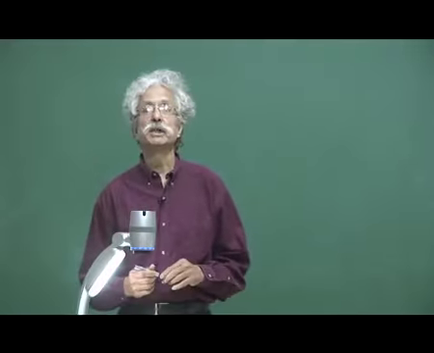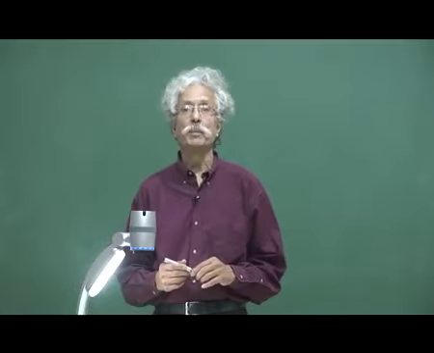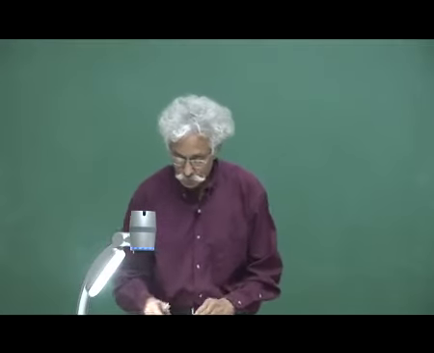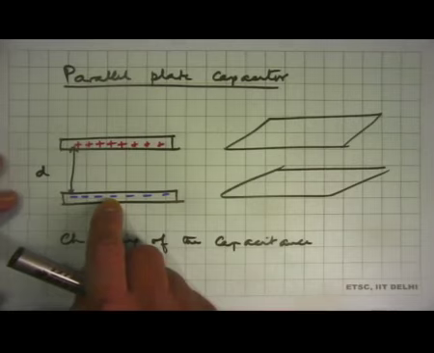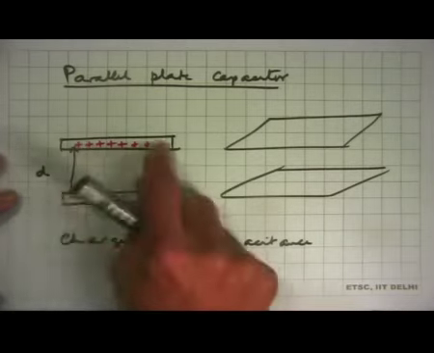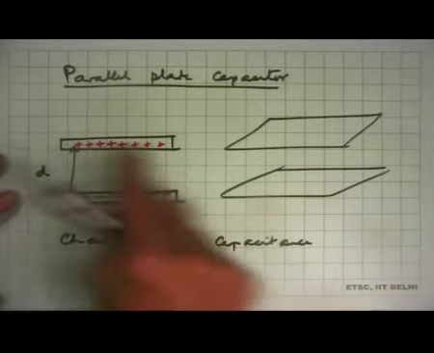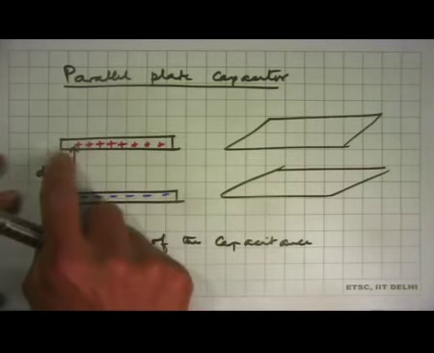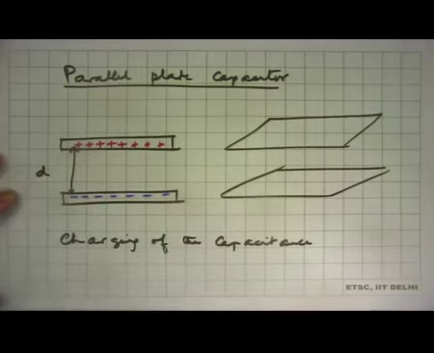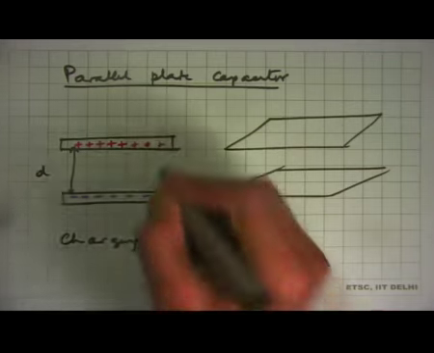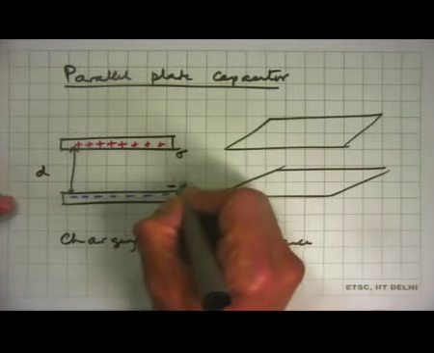Now, as we have been discussing, these two conductors form equipotential surfaces. The positive charge on this surface attracts the negative charge, and so the inner surfaces of these two conductors get charged with positive charge here and negative charge here. Let me assume the surface charge densities are sigma and minus sigma.